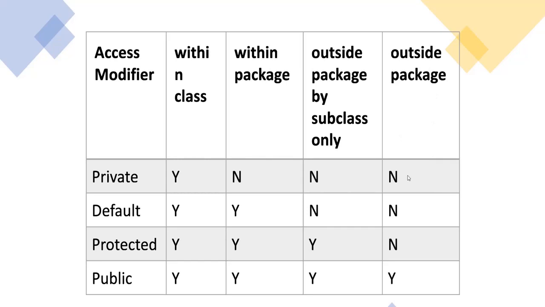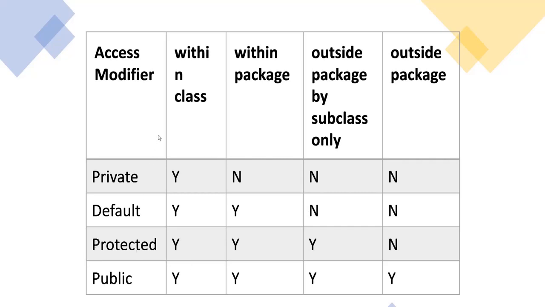Outside the package also we cannot access it. The way the default keyword works is it is accessible within the class and within the package, but not outside the package, nor outside the package by subclass. Subclass is in the sense of how we extended it in the case of protected. That is what is called a subclass.